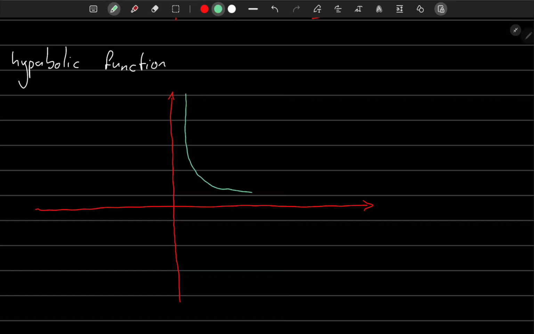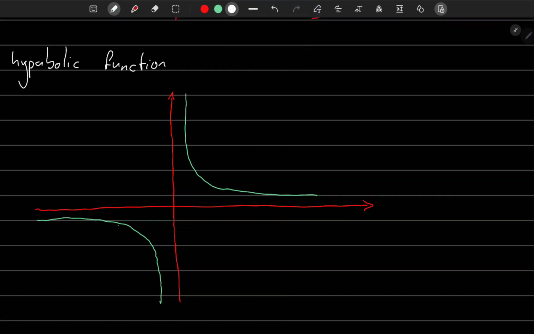And the shape of a hyperbola looks like this. Then it comes from this side and it goes down. So this is the shape of a hyperbola.